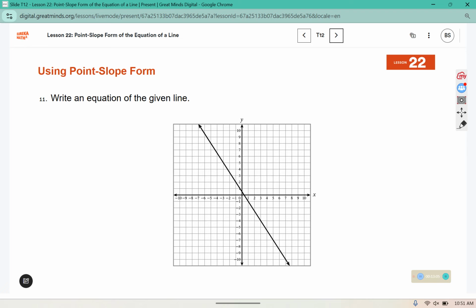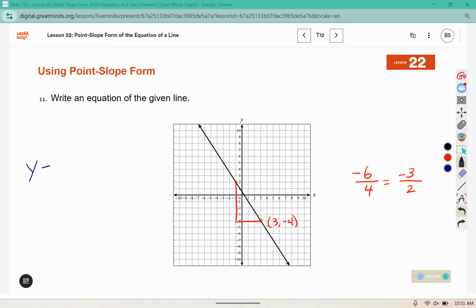Here, write an equation of the given line. So the two things we need are a point and the slope. This is the point 3, -4. Here's another point. So the slope is down 1, 2, 3, 4, 5, 6, right 4, which can be reduced to -3/2.